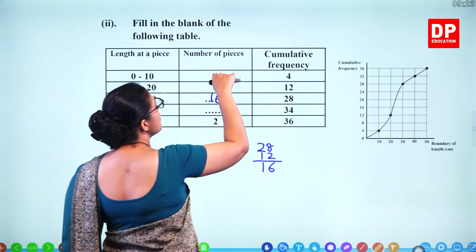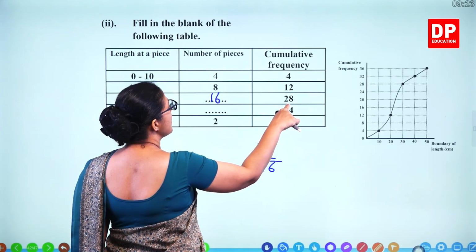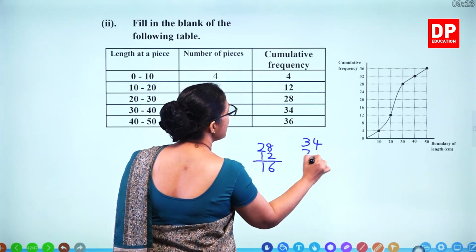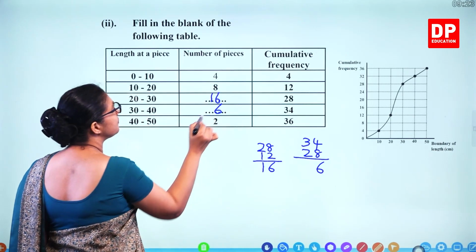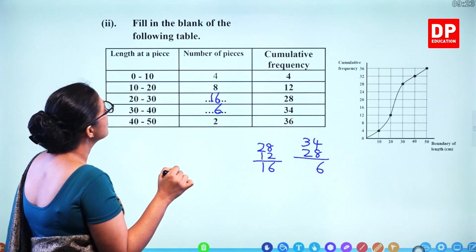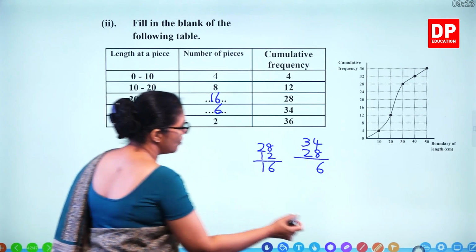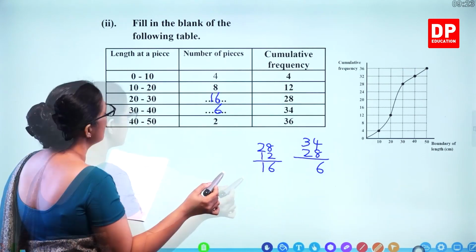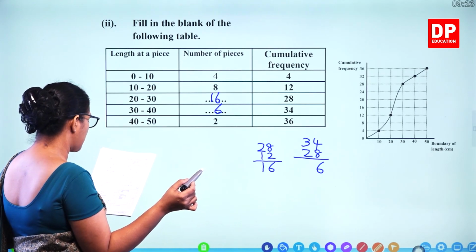Adding the frequencies 4. 4 plus 8, 12. 12 plus 16, 28. 28 plus something is 34. So, 34 minus 28, you get the other answer. 6. So, those are the 2 values here. So, you get marks for that. So, how many marks? 16 and 6 you get 2 marks.